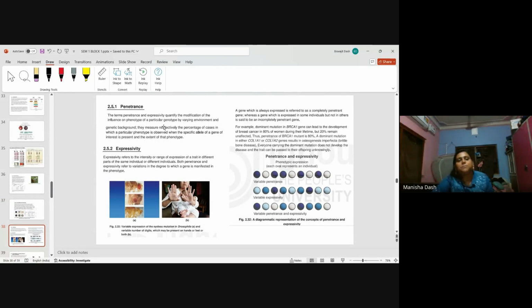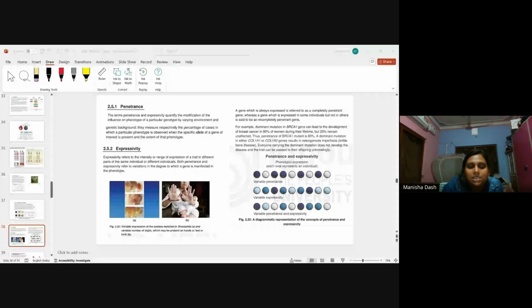Then comes the concept of penetrance and expressivity. Penetrance means in a population how far the genotype is penetrating. For example, take the presence of multiple fingers.